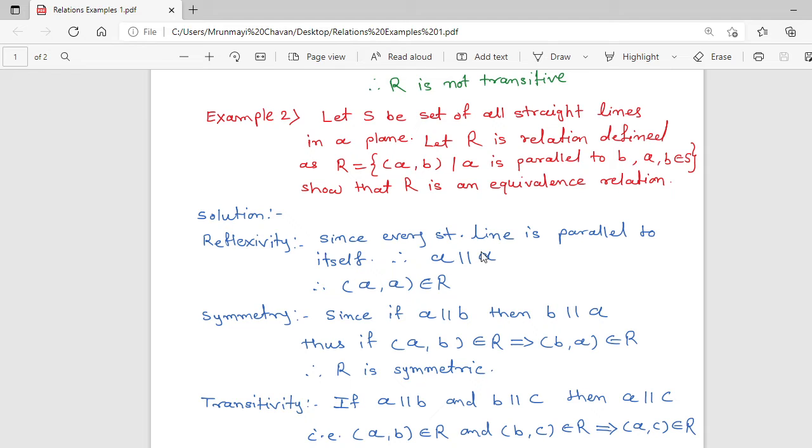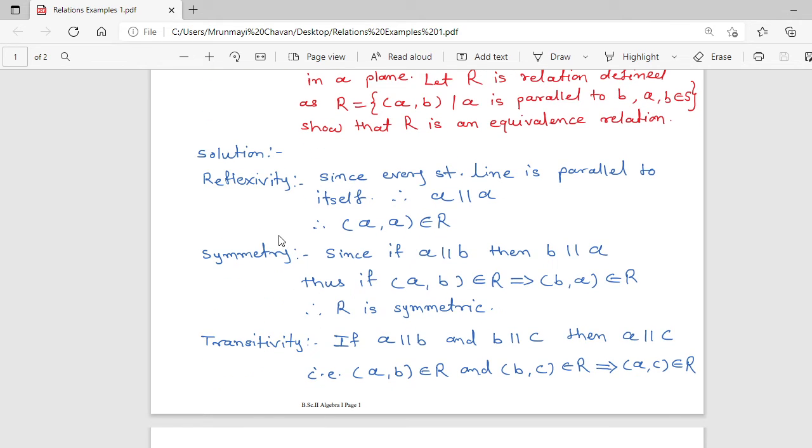So here we are given the set of all straight lines in a plane, and the relation is defined such that two straight lines are related if they are parallel to each other.